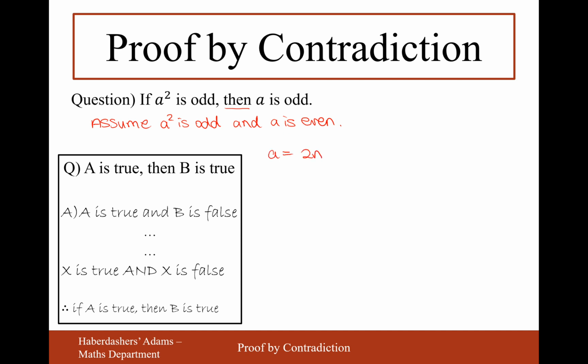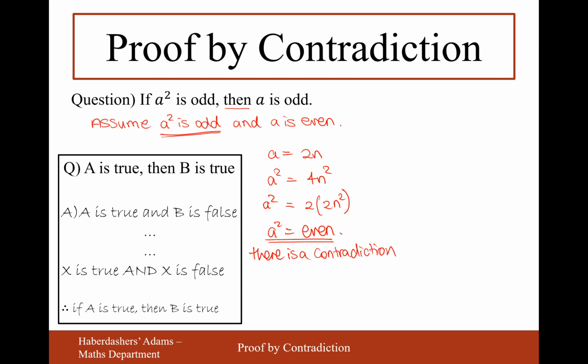So that's what we'll assume, and let's start off with A is even. So if A is even, it could be represented as 2 times n. So A squared will therefore be 4n squared, which is another even number. Clearly it's an even number because it's 2 times something. A squared is even, so therefore there is a contradiction. There's a contradiction here where a squared is even, and here where a squared is odd.